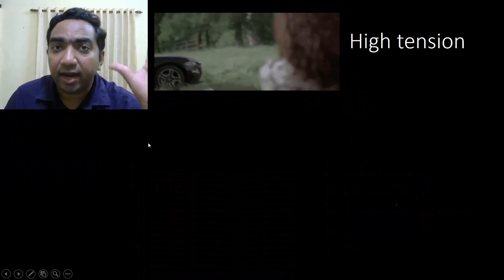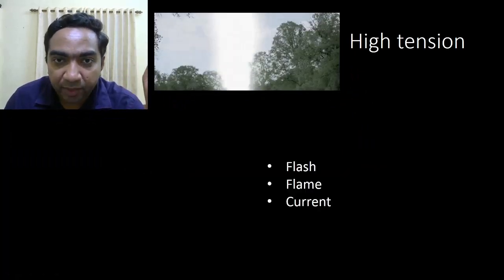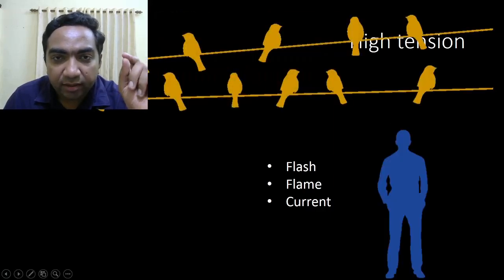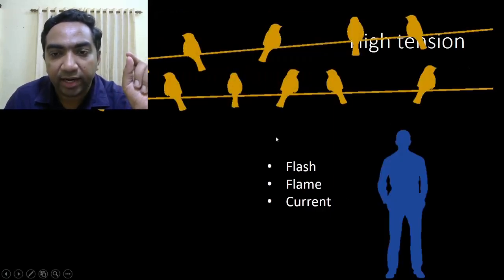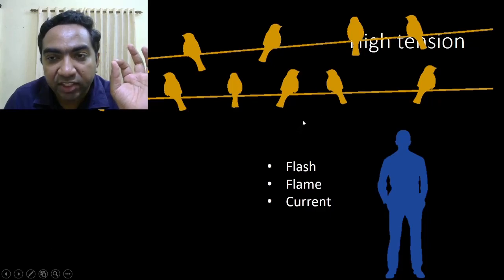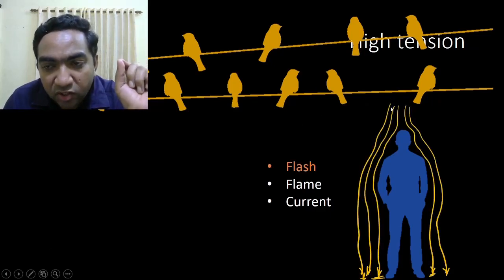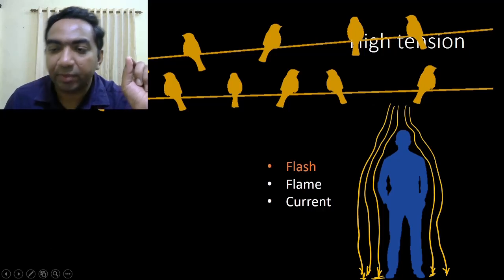Now, what happens in high tension injuries? Is the mechanism the same? No. In high tension injuries, it can be an overhead high tension wire. It can be due to the flash. The electric current can also pass through the air around the patient.